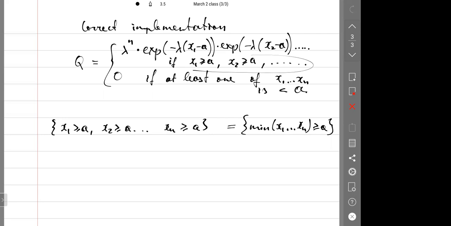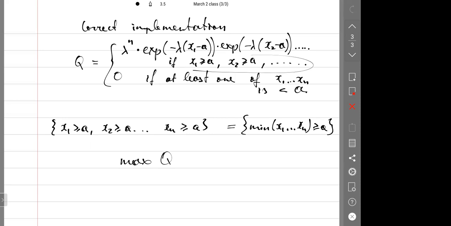If every x is greater than a, then the minimal x is greater than a. If the minimal x is greater than a, then every x is greater than a. So indeed, it's a necessary and sufficient condition to work with the first line and not the second, not the 0. And obviously, we would prefer even a small positive number to 0. Our goal is to maximize q.